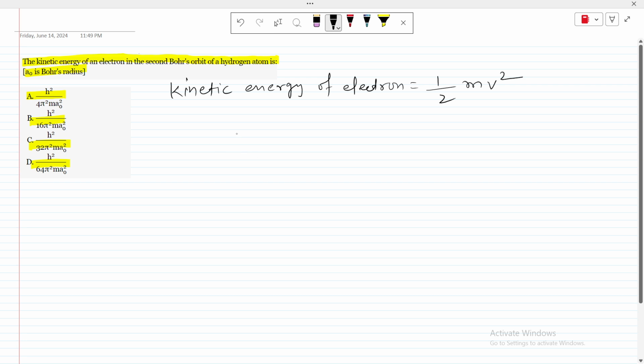According to Bohr theory, angular momentum at any orbit of an electron is an integral multiple of h upon 2 pi. So angular momentum L is equal to n h upon 2 pi, where n is the number of orbit.